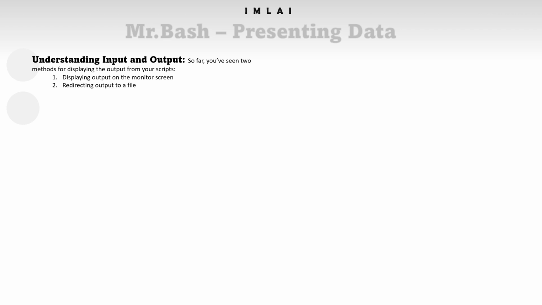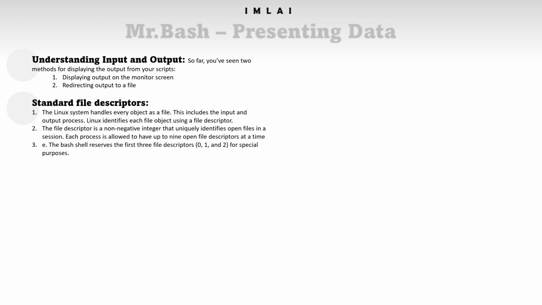So let's begin with the standard file descriptors. Let's go through the points one by one. The first point is that the Linux system handles every object as a file. This is very important. I have been repeating this sentence like a broken tape recorder throughout this course.